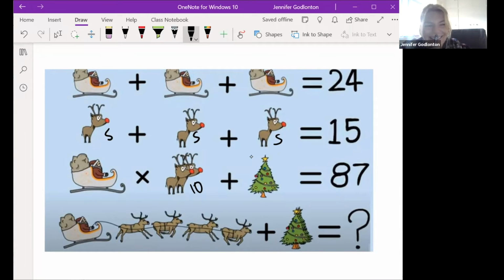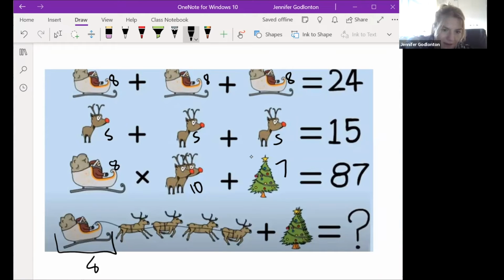Nice. And can I try? Of course, princess. Of course you can try. Okay. Ma'am, I didn't get the final answer. But the 24, it has to be 8. Okay. 8 plus 8 plus 8. And then the tree, 7. Okay. And then that's where I stop. Okay. So what is this one here then? That's an 8. Okay. What are these?